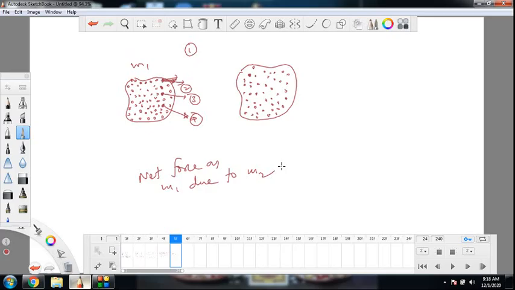Suppose, to give you a very crude example, an object has 3 point masses 1, 2, 3, and the second object has 3 point masses 1 dash, 2 dash and 3 dash.